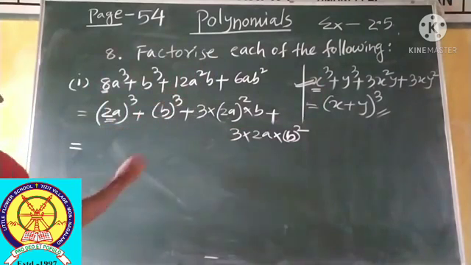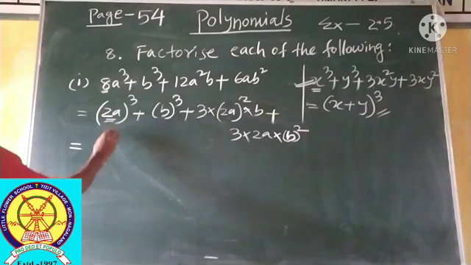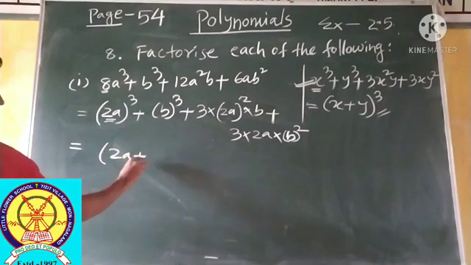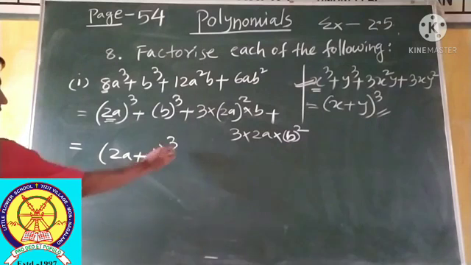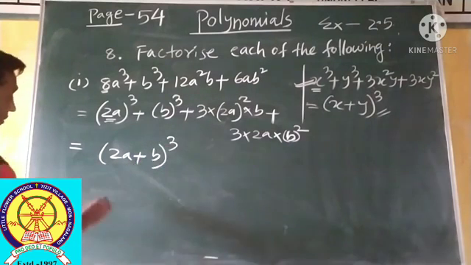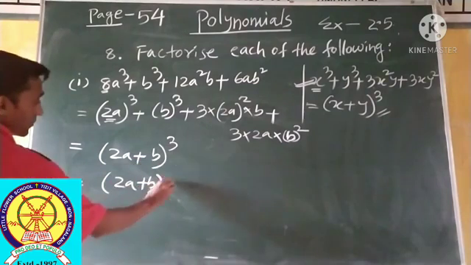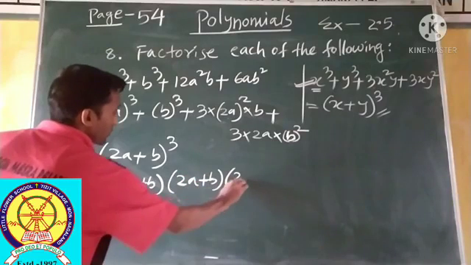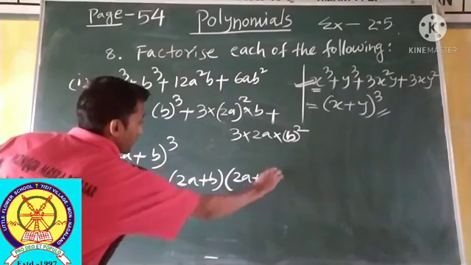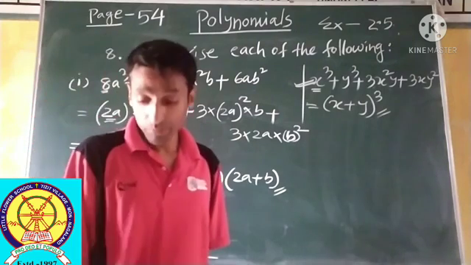So it equals x plus y whole cube. X value here is 2a plus y is b. So 2a plus b whole cube. So this is your factor. 2a plus b whole cube means 2a plus b into 2a plus b. Now I will teach you the next question.